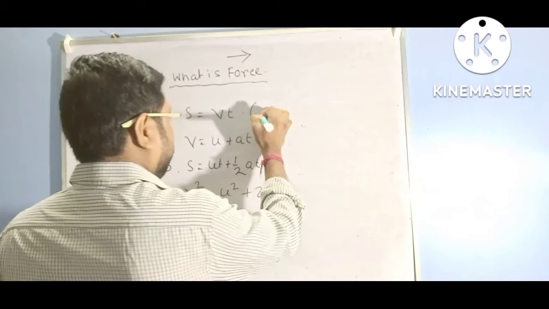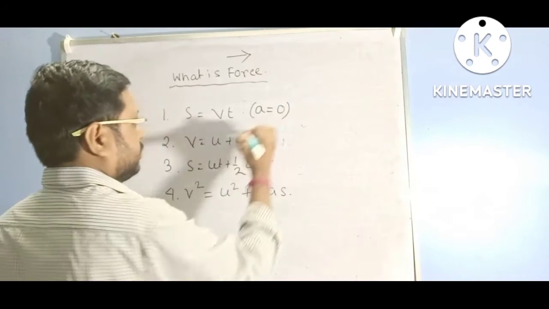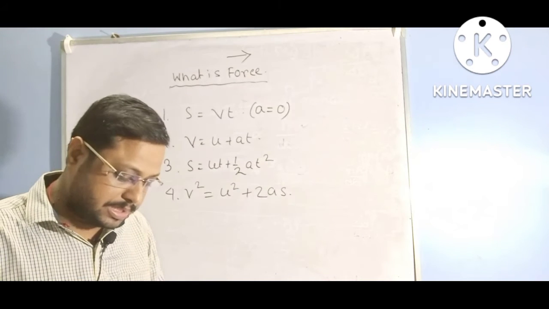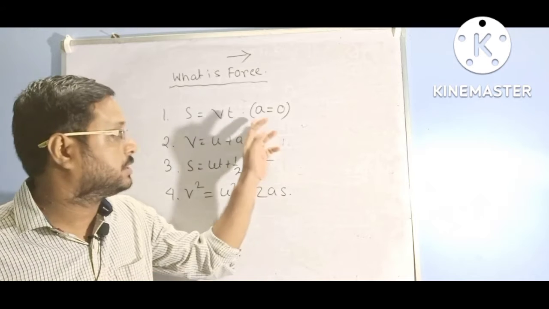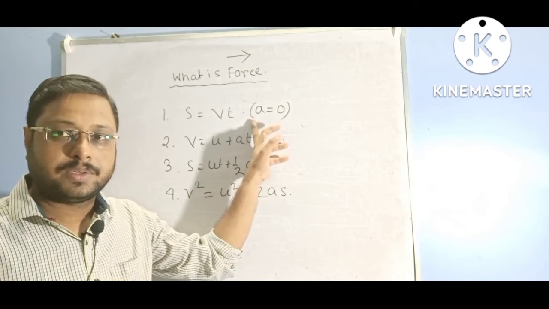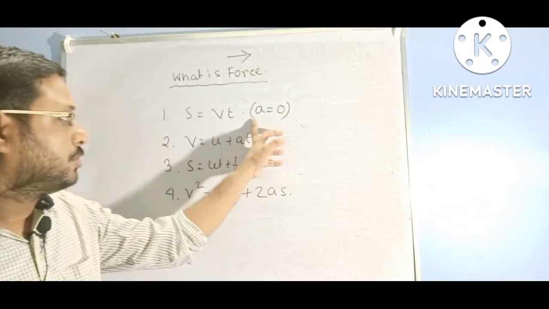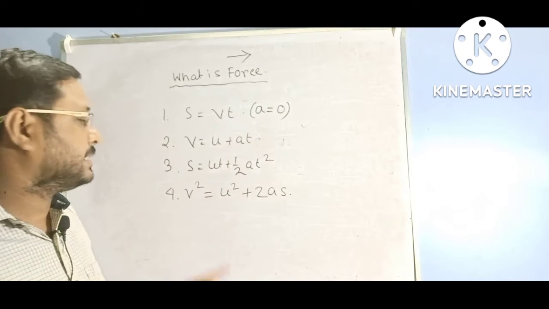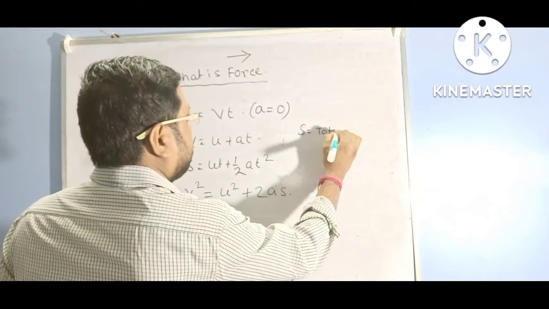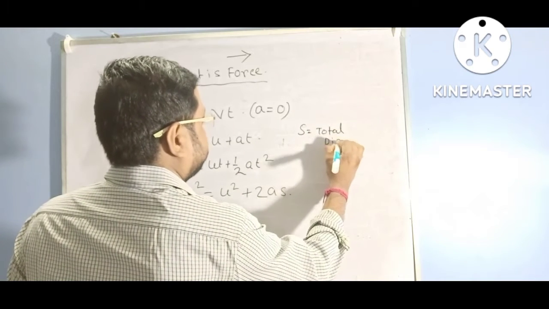If the acceleration is 0, if a particle goes with uniform velocity, that is, velocity does not change with time, then we can only use S equal to Vt. Otherwise we cannot take S equal to Vt. If acceleration is given, we find S, that is S equal to total displacement.